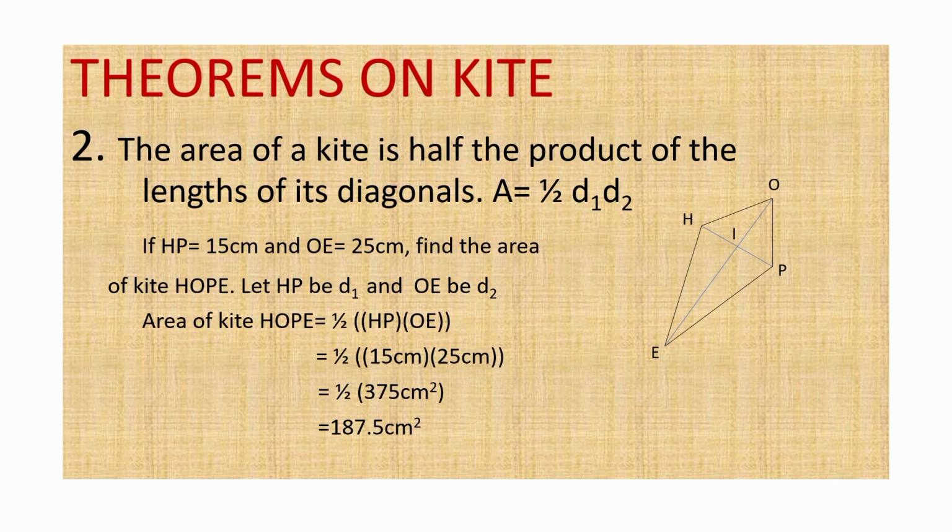Substitute the value of HP, which is 15 cm, and the value of OE, which is 25 cm. So 15 times 25, you have 375 centimeters squared. But since we still have to get the half of 375, divide it by 2. So therefore, the area of kite HOPE is 187.5 centimeters squared. There must be a square unit because we are looking for the area.